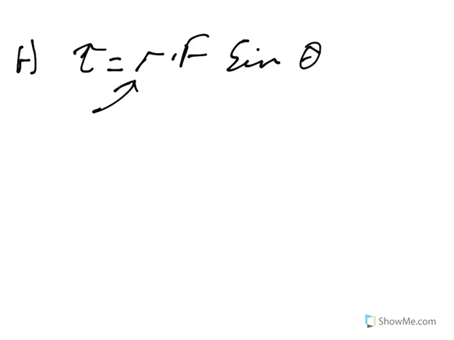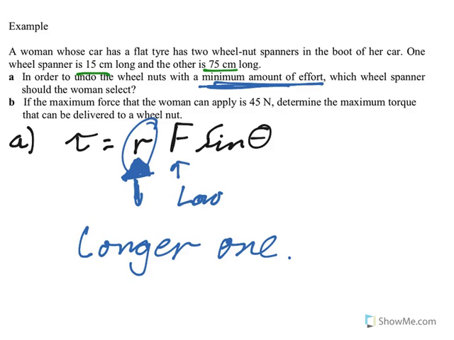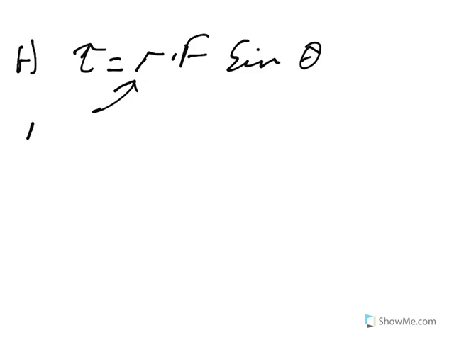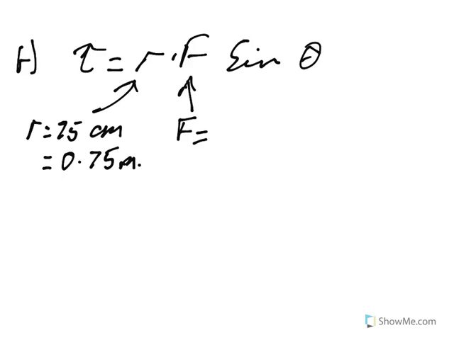R we've just figured out in the previous part, the longer one, so 75 centimetres, which is 0.75 metres. The force that she can apply is 45. It says the maximum force she can apply. The question here is sine theta.